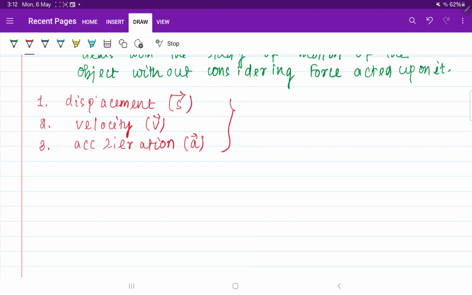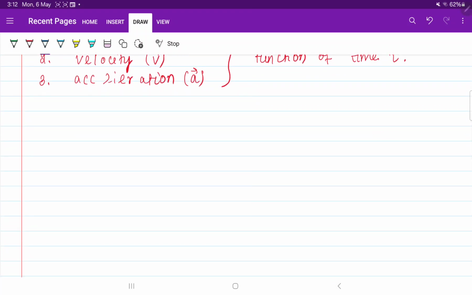And all three quantities are functions of time. They are changing with respect to time t.